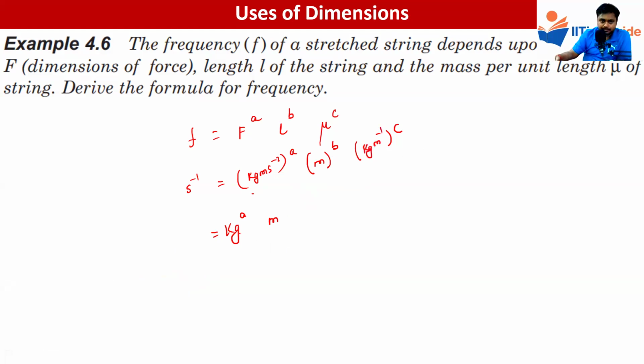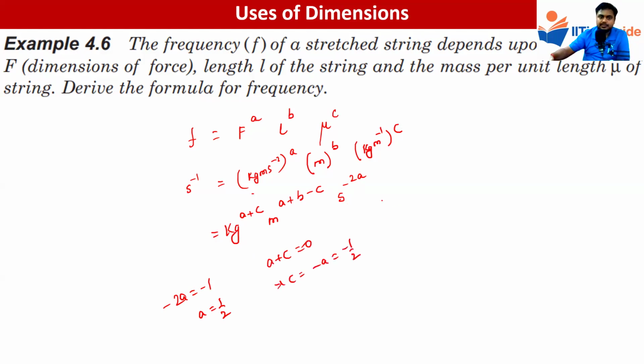So kg to the A plus C, meter to the A plus B minus C, second to the minus 2A. So minus 2A is equal to minus 1, so A is going to be half. A plus C should be 0, so C is equal to minus A, which is minus half.